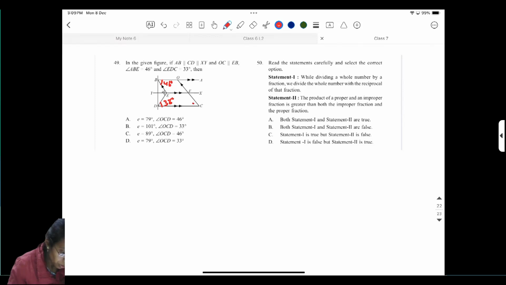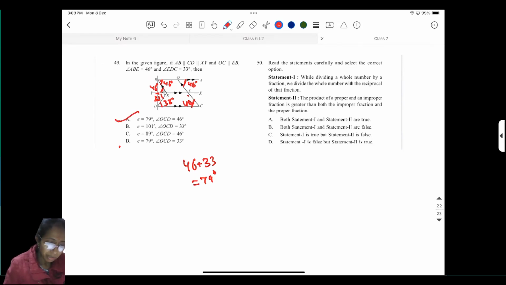First of all, finding this E, the part of this E is 46 because of alternate interior angles, and in the same way this one is 33. So the E angle is 46 plus 33, that comes to 79 degrees. So either D or A will be your option. Now we need to find the OCD angle. You can see this angle is 46. So this will be again 46 because of corresponding angles, and now alternate angles. This is again 46. So OCD is 46.